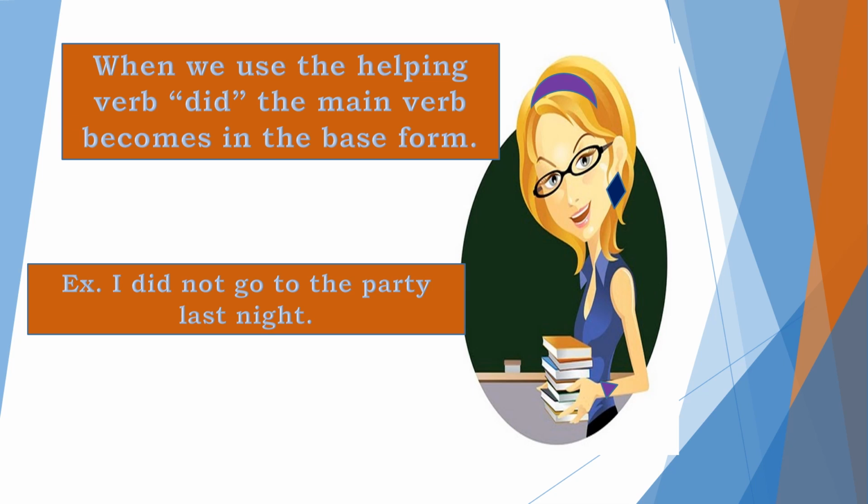So I used the helping verb do in the past, which is did, and I added not to it to form the negative. The main verb, which is go, is in the base form. And this is how we form the negative with the past simple tense. We need did, we need not, and we need the main verb in the base form.